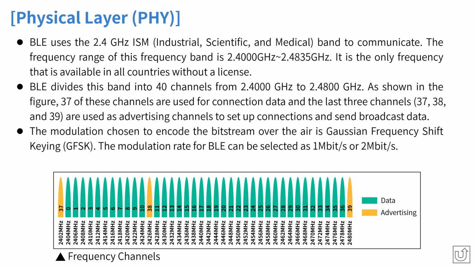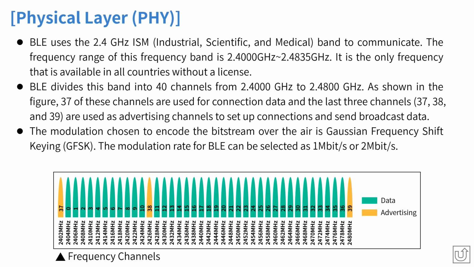BLE divides this band into 40 channels from 2.400 GHz to 2.4800 GHz. As shown in the figure, 37 of these channels are used for connection data, and the last three channels, 37, 38, and 39, are used as advertising channels to set up connections and send broadcast data.